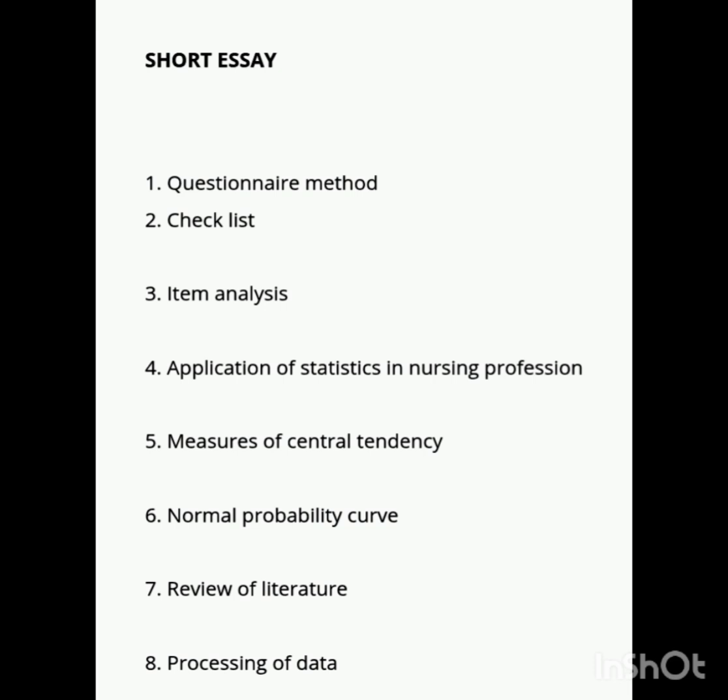normal probability curve. A normal probability curve is symmetrical about the ordinate of the central point of the curve. There is a difference between the normal curve and the probability curve. A normal curve specifically refers to a bell-shaped curve that represents a normal distribution.